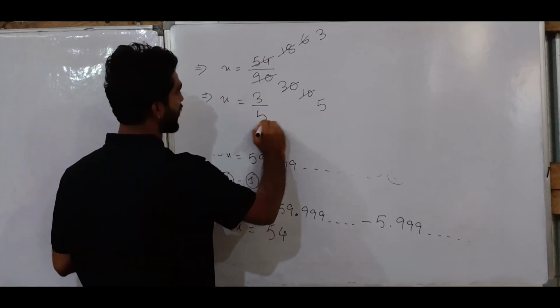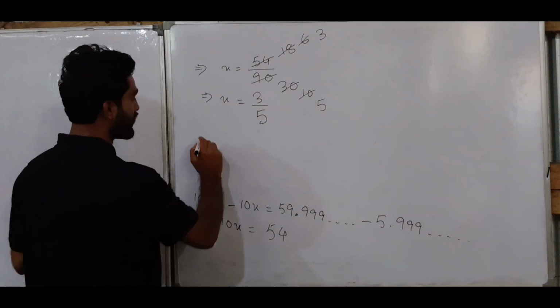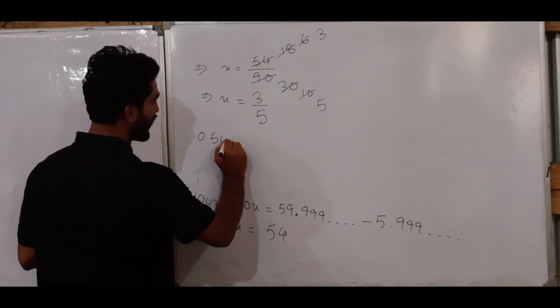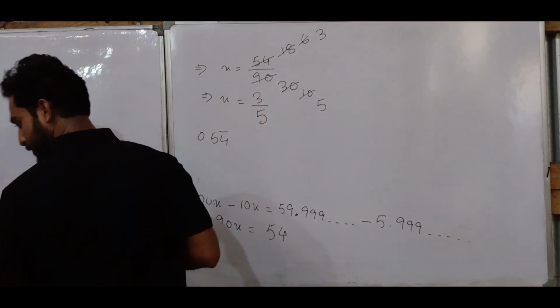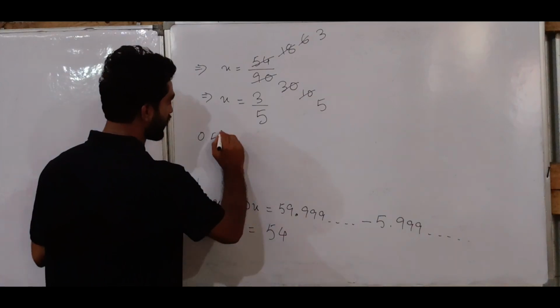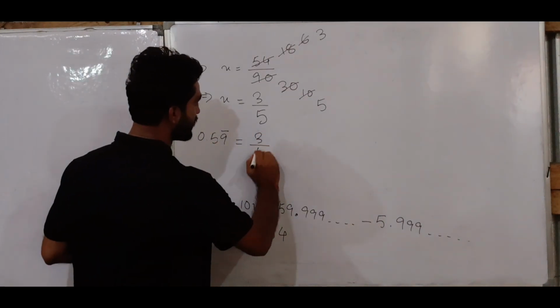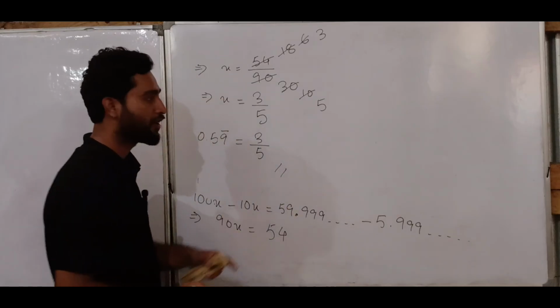So you will get 3 by 5. So 0.59 bar, if we convert into the P by Q form, what we will get? 3 by 5. So this is the long method.